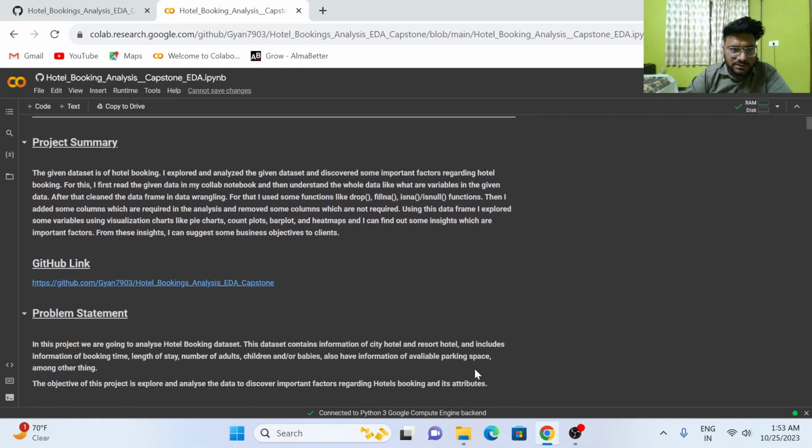So in the given data set, we have the data of the hotel bookings, and we need to explore and analyze the given data set and discover some important factors regarding the hotel bookings, for which we will be using a Colab notebook. We'll understand the data first, clean the data, and then add some columns and remove some columns as per the requirements.